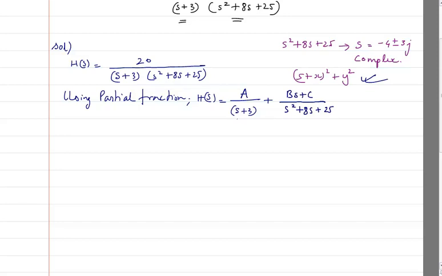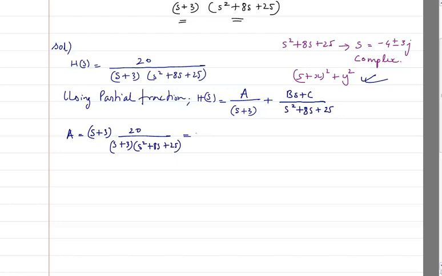You all have studied already many different methods. As I always say, one of the easiest methods for finding a is you multiply whatever is underneath it, s plus 3, with h of s, where h of s is 20 divided by (s plus 3) into (s square plus 8s plus 25), and you directly get the answer.